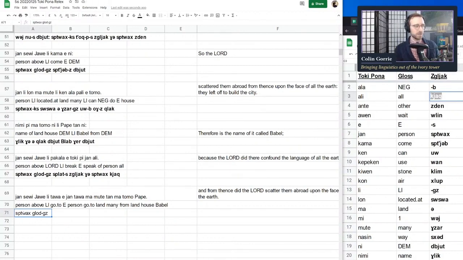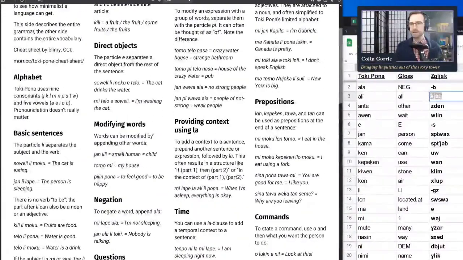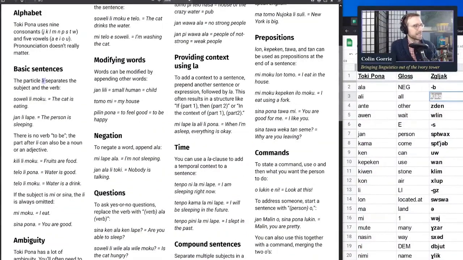Because we have, well, maybe this is too far afield, but we have this situation where we have two particles. Let's go into the cheat sheet for a second. We have this particle li that separates the subject and the verb. Soeli li moku. The cat is eating, or the animal is eating, I think, more generally.